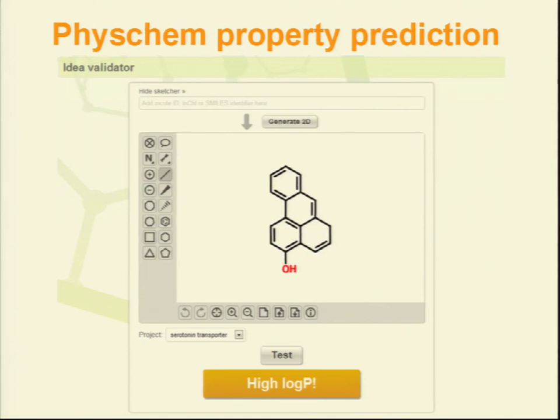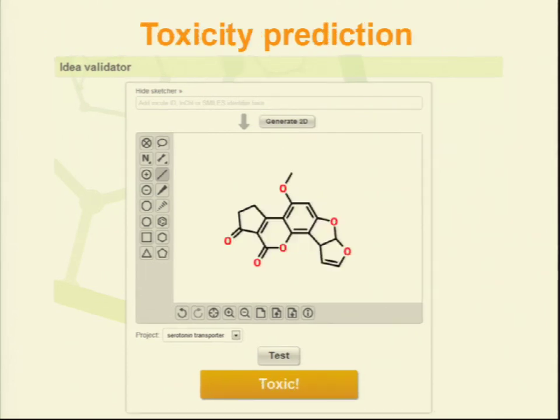So we can calculate logP and molecular weight and so on. Also, what we can calculate is toxicity. We can look for certain functional groups that are highly reactive, for example. But we can also apply similarity searches on a database of toxic compounds.